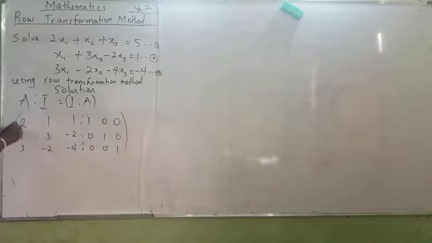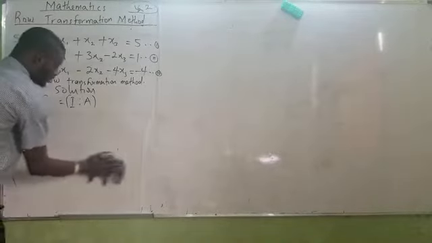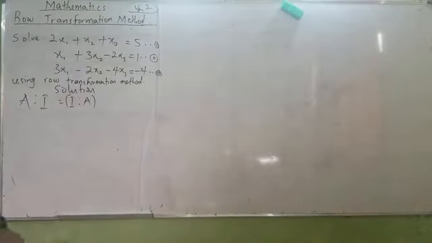Now, normally, take note of this, this is what will happen. Let me do it in a normal case because of those that are joining us that are still new in this place, so that they won't be lost.